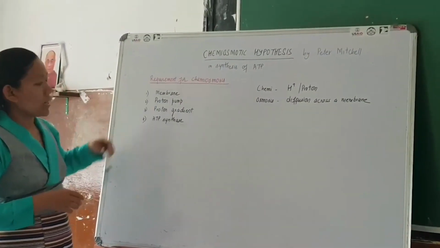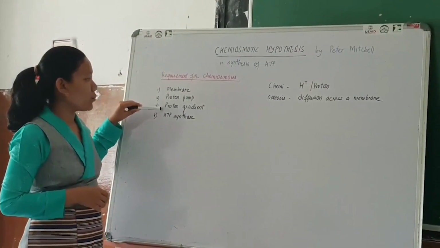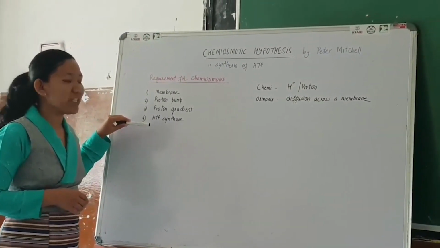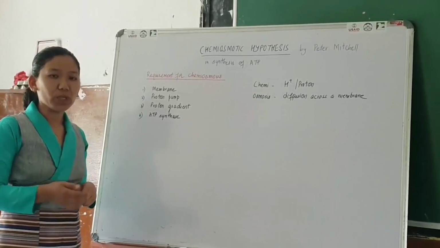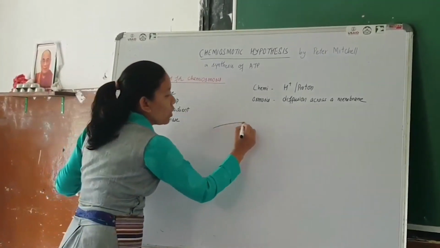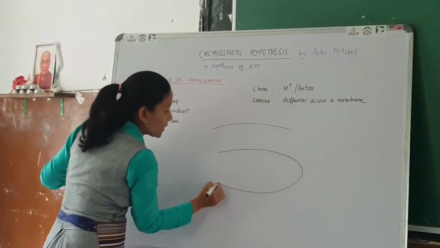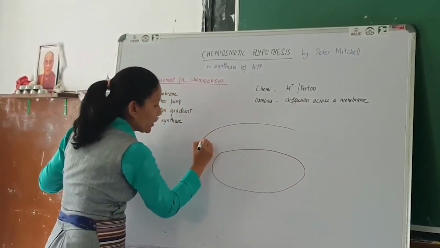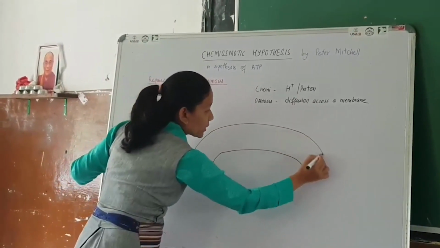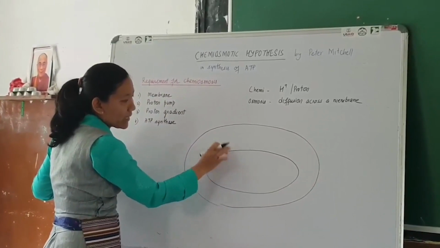So the requirements are, first one is membrane, then proton pump, proton gradient, and ATP synthase. During light reaction, we have seen that this light reaction takes place on the thylakoid membrane. So let us say this is a single thylakoid here, and this thylakoid has an inner side and an outer side.